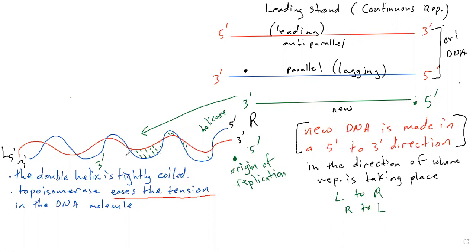Let's say when it's here, all of this portion of DNA from here to here would have been separated. We're going to focus on that part. And we said the red one is the leading strand.